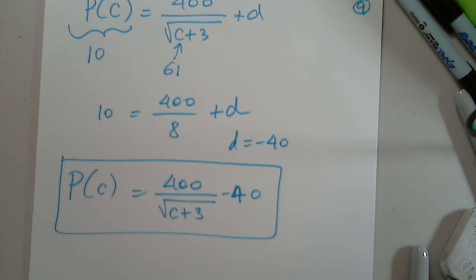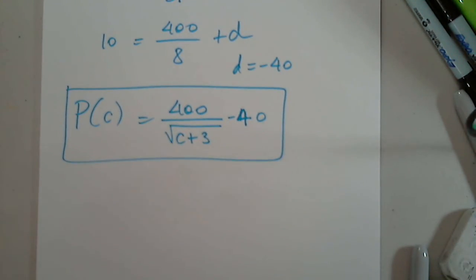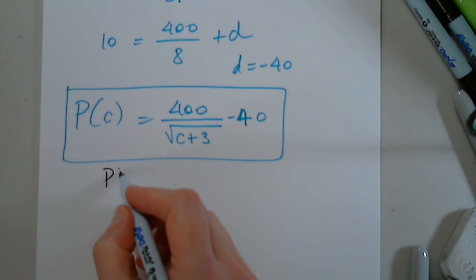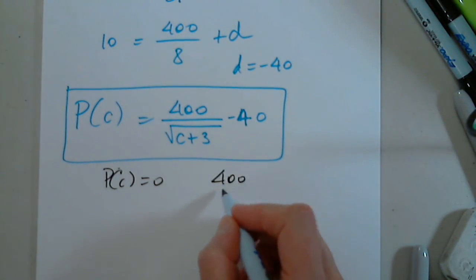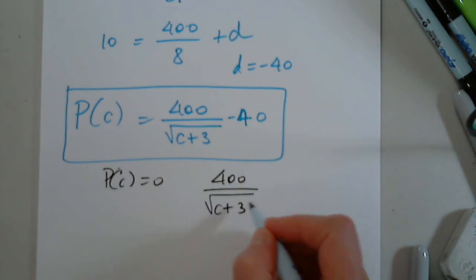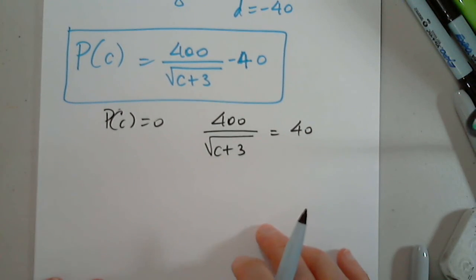Okay, then next, at what cost will the firm break even? So again, this is just algebra. The break-even point is when the profit is 0. So I set this equal to 0. So 400 over the square root of c plus 3, when I set it equal to 0, I move 40 to the other side.